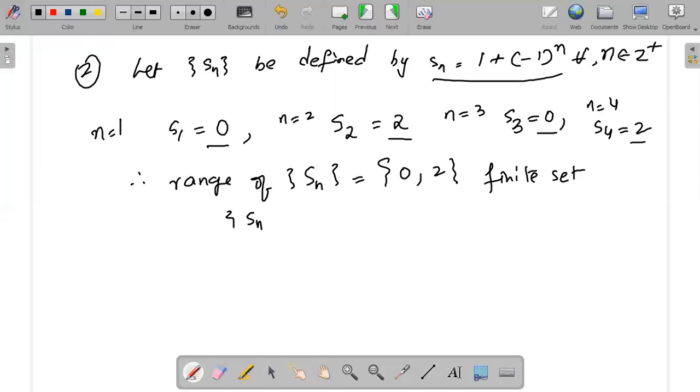So the sequence Sn is bounded. Now we also have to show that the infimum, the greatest lower bound, is equal to 0, and the least upper bound is 2. Upper bound is 2.